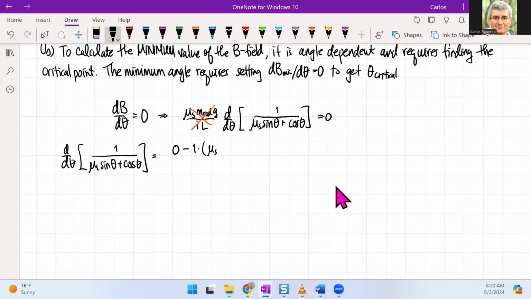So I switch the sines and cosines, with one of them being a negative sign when I take the derivative of the cosine, and then I get the term below squared.